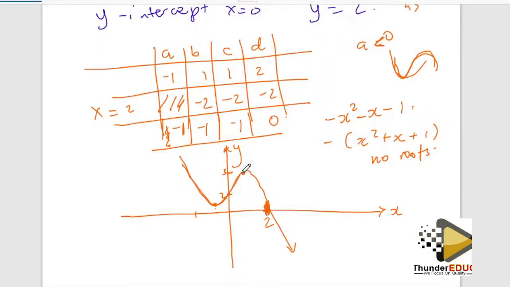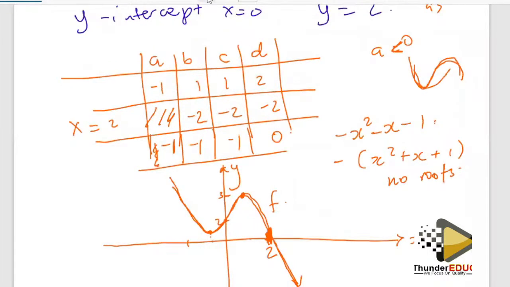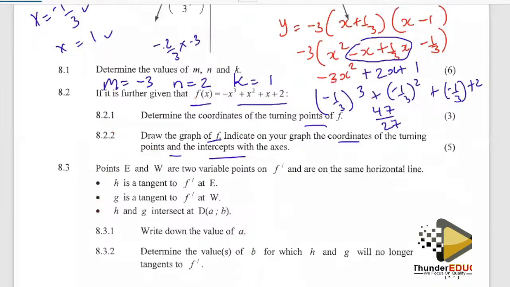Guys, that would be the graph of f. That's what one would have done. So we just look at these points, 1 and 3, this was negative a third. The intercept is a 2, and we only mark the intercepts and the shape. Okay, move on.